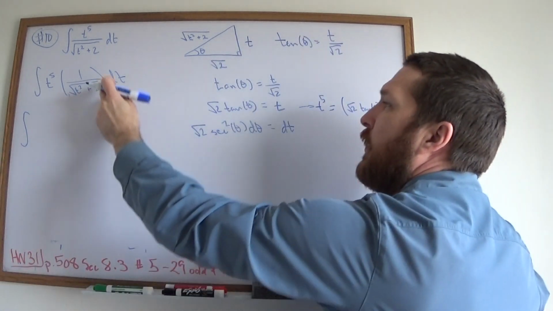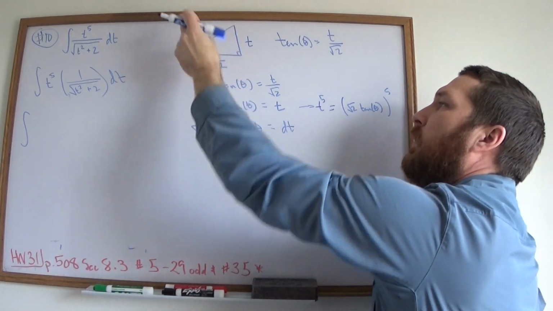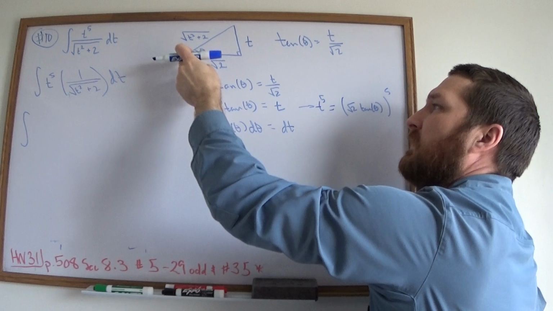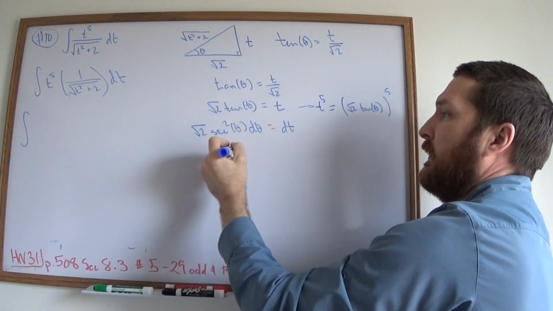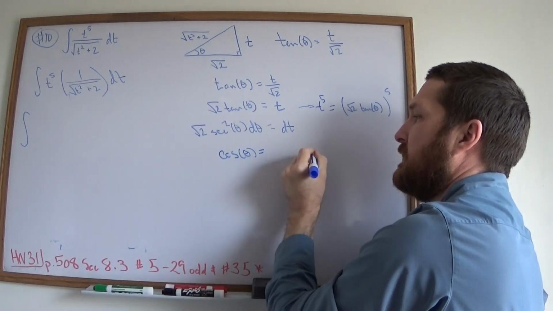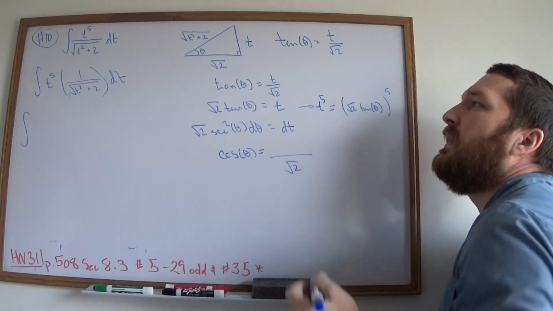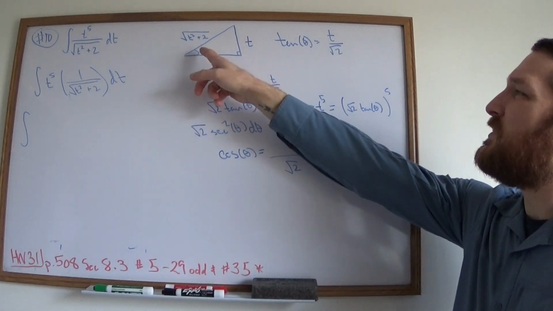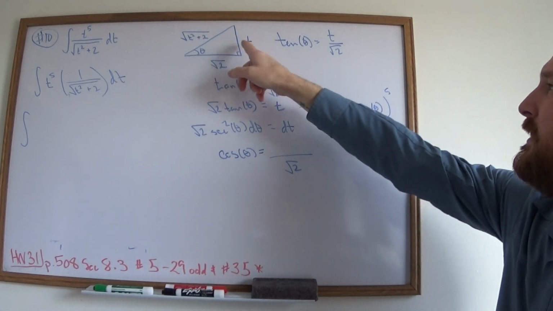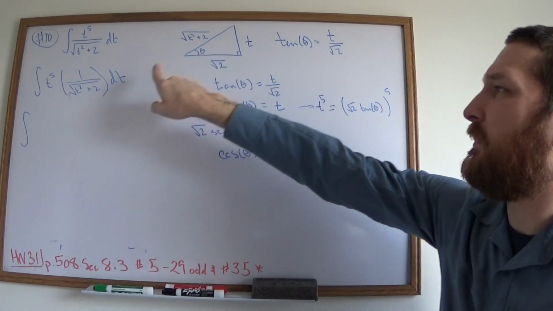Oh, let's get the other part. 1 over that. Well, I can't get 1 over that, but I can see that cosine theta, I need that guy in the denominator. And the most straightforward way of doing it. Here's the thing, I don't want to use sine, because then we're bringing in a variable that I don't want to mess with.